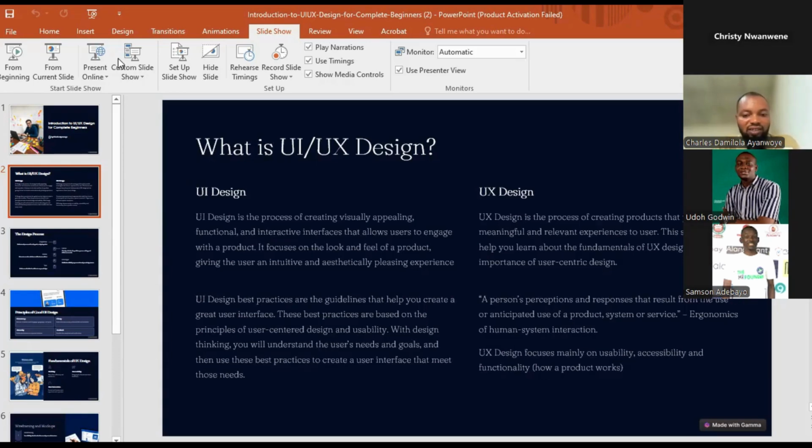Without understanding the needs of your users, without understanding their goals, you can't actually create what they want. It is no rocket science. There are no two ways to that. No matter how great you are, no matter how good you are, as a designer, as a product person, as a UI UX person, if you don't understand the needs of your users and their goals and their pain points, it will be very difficult to put into use the UI best practices.